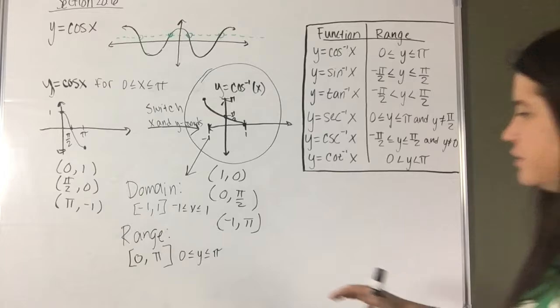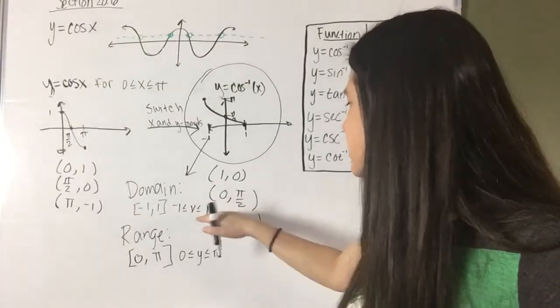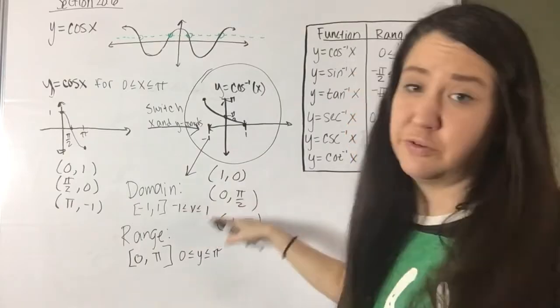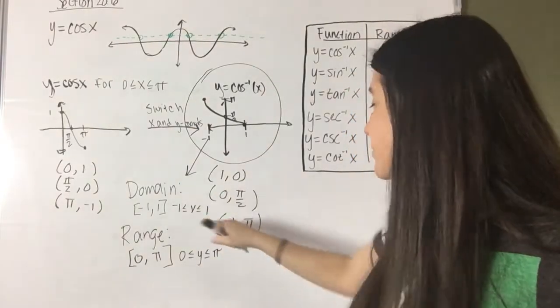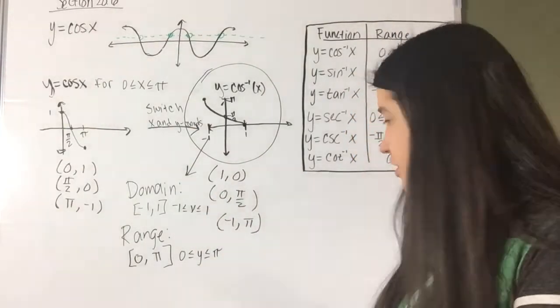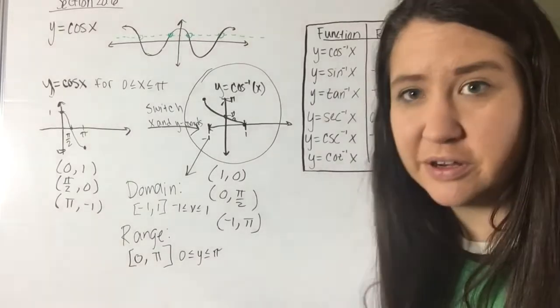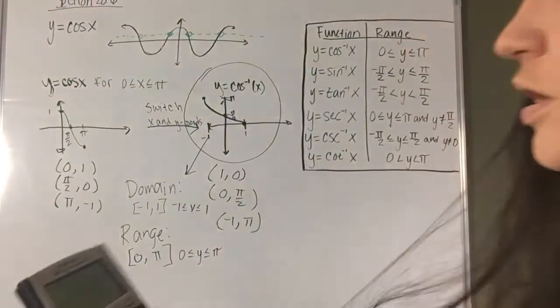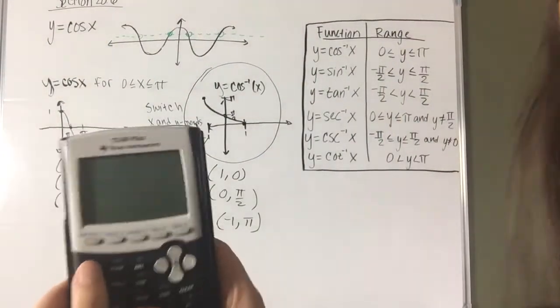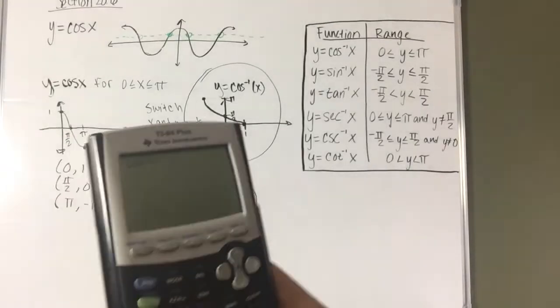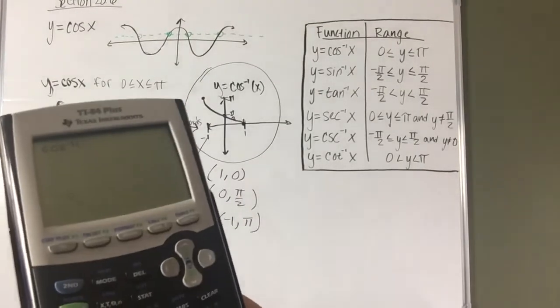So that means that the only values that can be plugged into an arc cosine function are values between -1 and 1. If you try to plug in something outside of that, it is not going to work. You could test this on your calculator, right? If you're following along, type in arc cosine of, pick anything outside of -1 to 1.